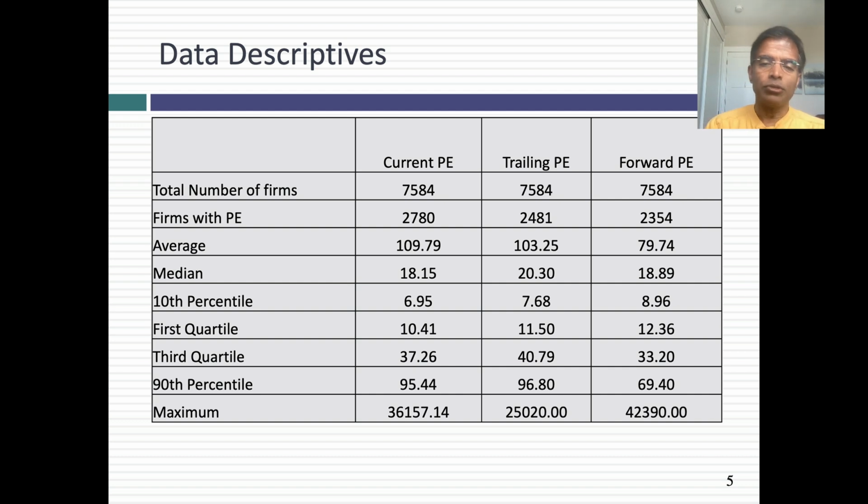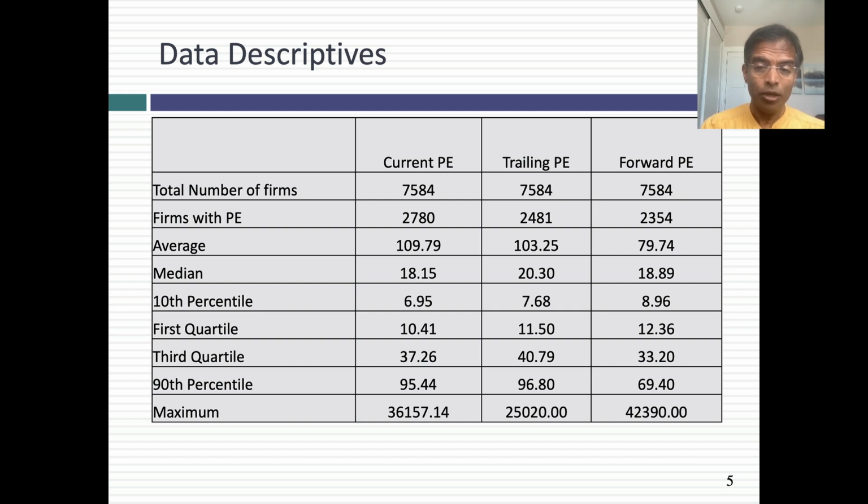There were 7,584 publicly traded US companies at the start of 2021. When I computed current PE, I was able to compute it for only 2,780 companies. What happened with the remaining 4,800? If the earnings for a company are negative, the PE ratio becomes not meaningful. I had to throw those companies out because I could not compute a current PE.